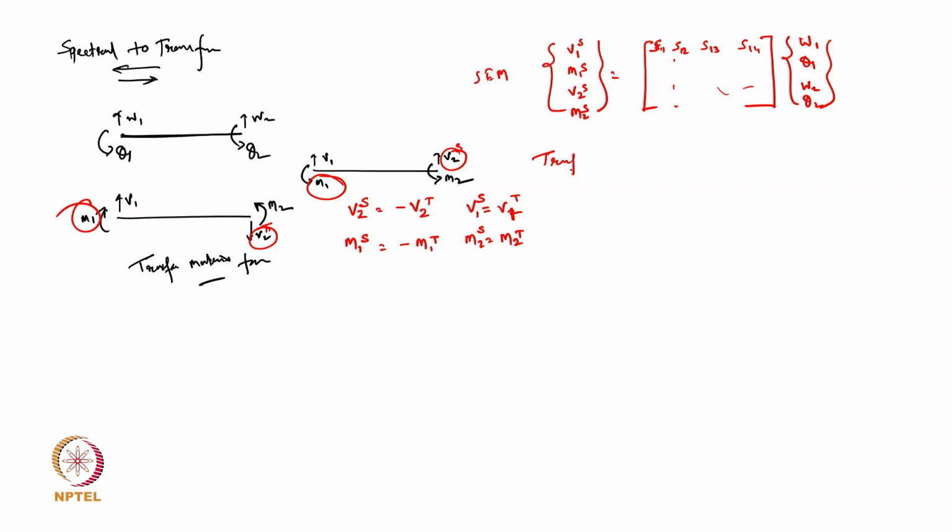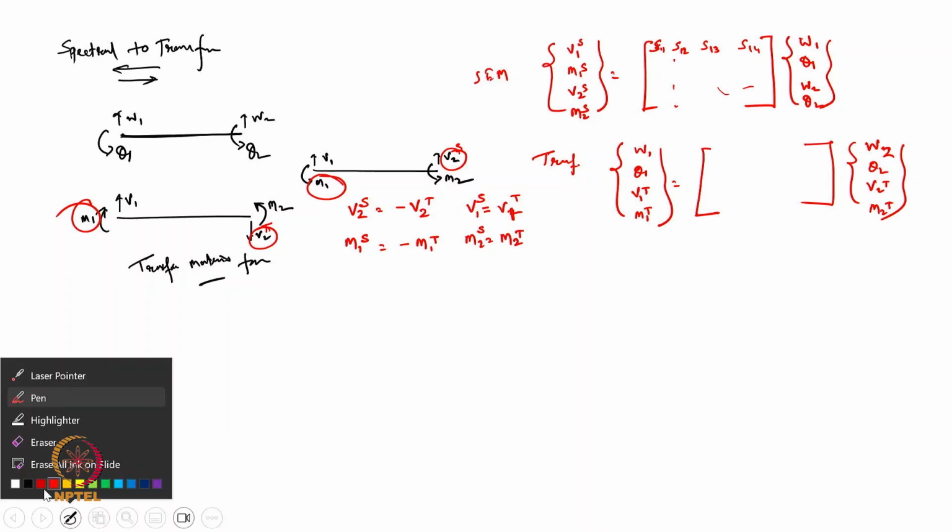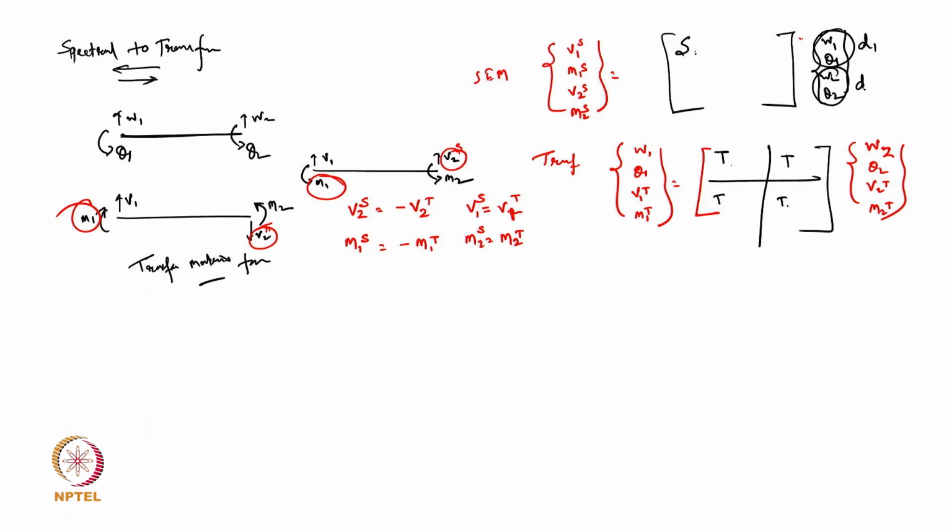And for the transfer matrix, we are transferring from one side to another side. So we have W1, theta 1, V1T, M1T equal to the transfer matrix times W2, theta 2, V2T, M2T. Perfect. Now I can say this is displacement 1 and this is displacement 2, this is force of node 1 and this is force of node 2.